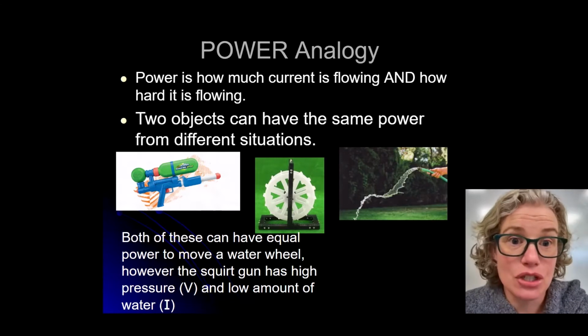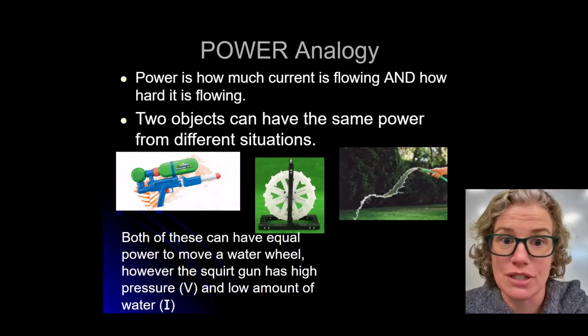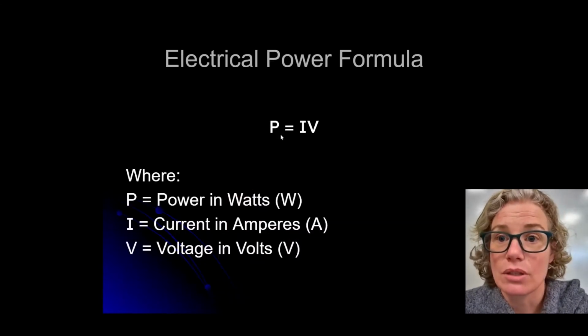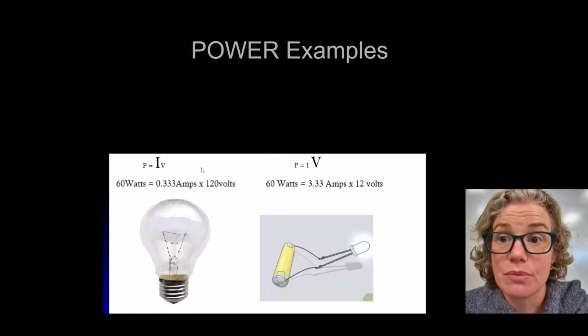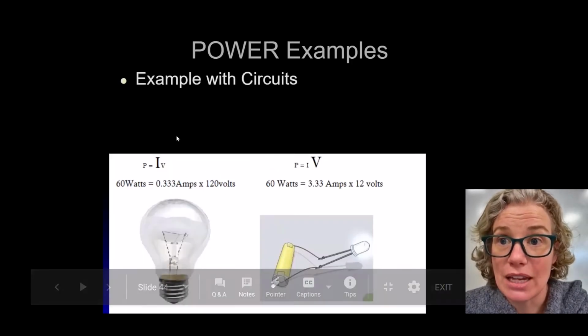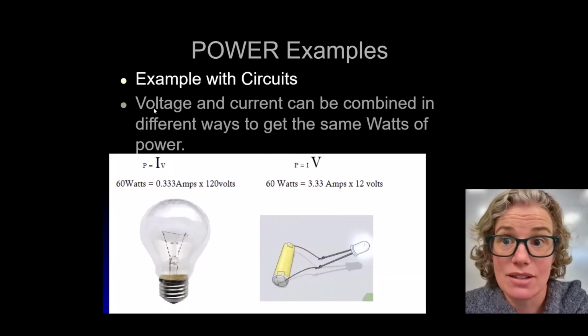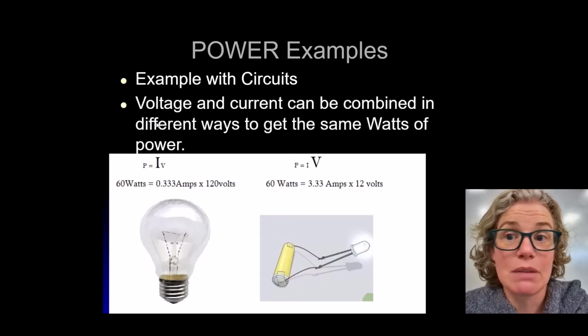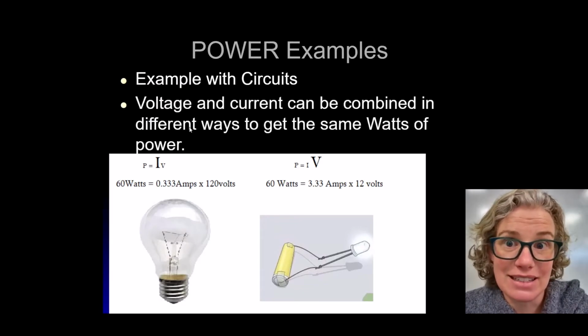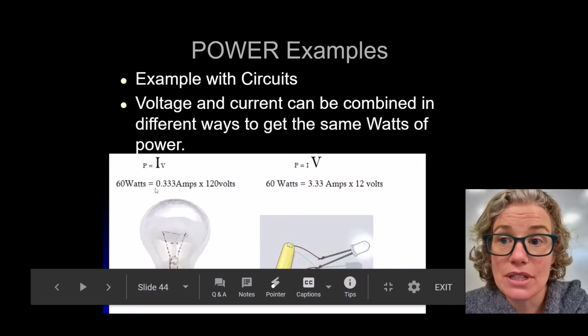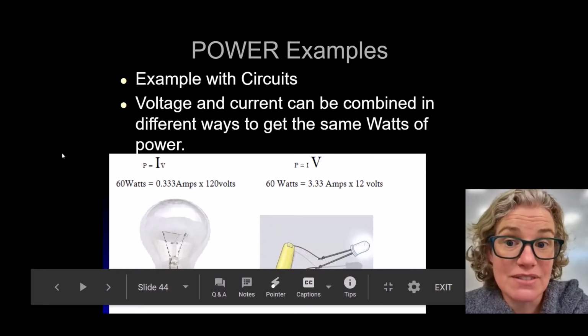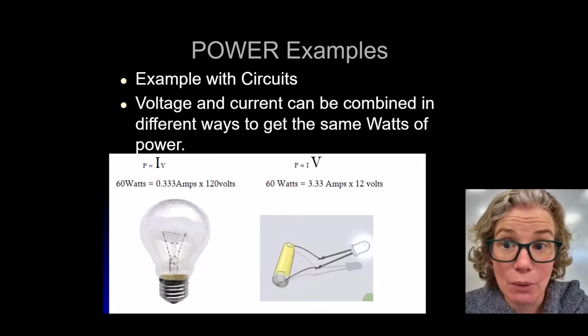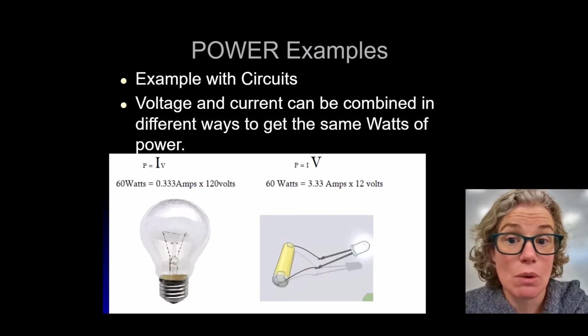So let's compare that to actual electricity now. Again, here's our equation. Here we've got an example with circuits. Voltage and current can be combined in different ways to get the exact same power. In both these situations, the objects have 60 watts of power. You'll just see that in the one with the big light bulb, we have a lot more voltage.